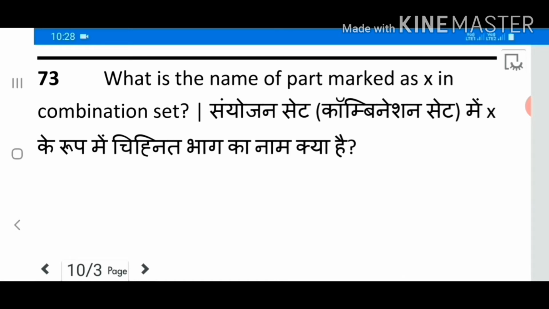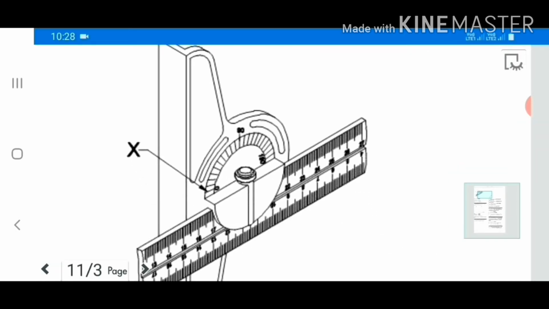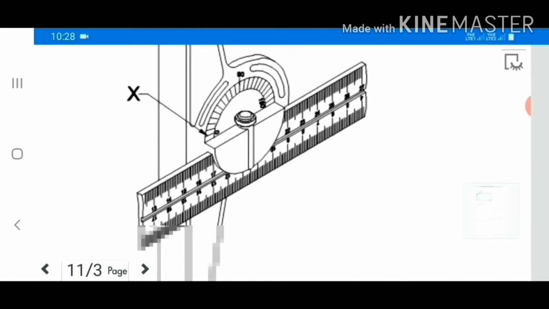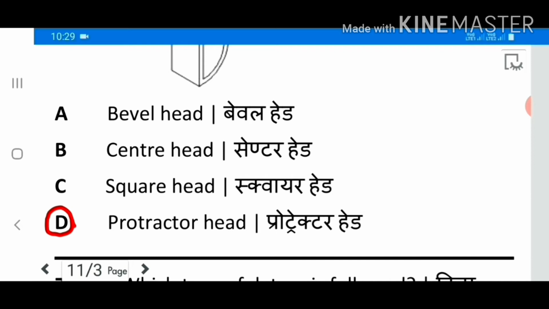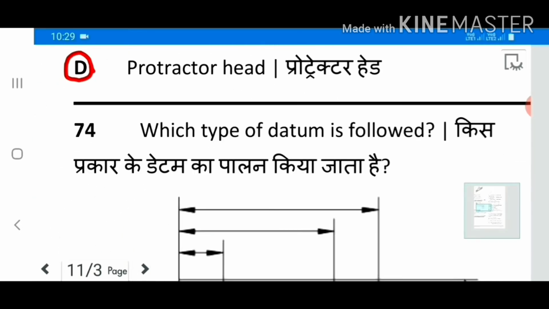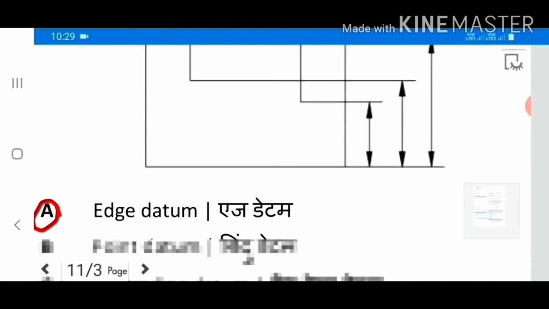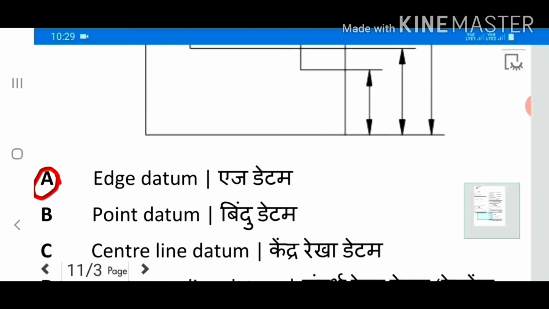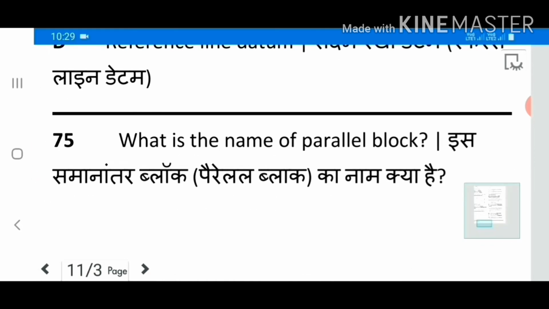73. What is the name of part marked as X in combination set? Answer D. Protractor head. 74. Which type of datum is followed? Answer A. Edge datum. 75.